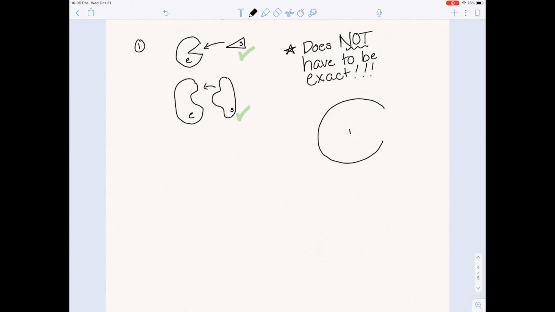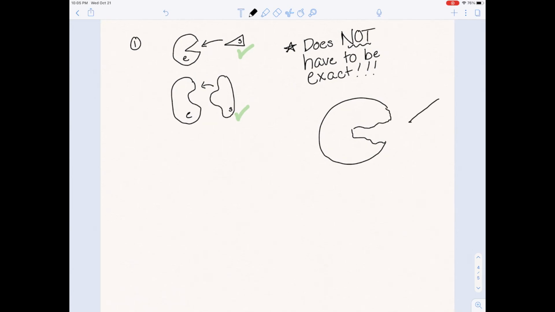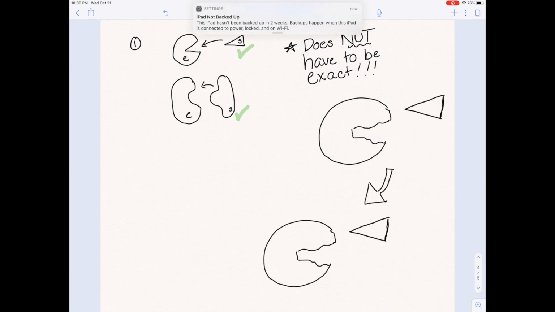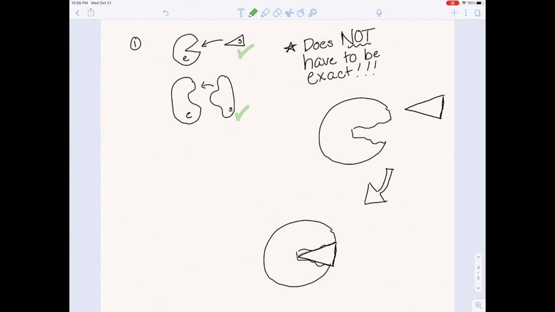So here I'm drawing a very squiggly looking active site for my enzyme, but I'm keeping the substrate the same. That nice neat triangle. And here I'm showing you how that substrate will come into the enzyme's active site. And what happens here is that the active site then molds to the substrate.